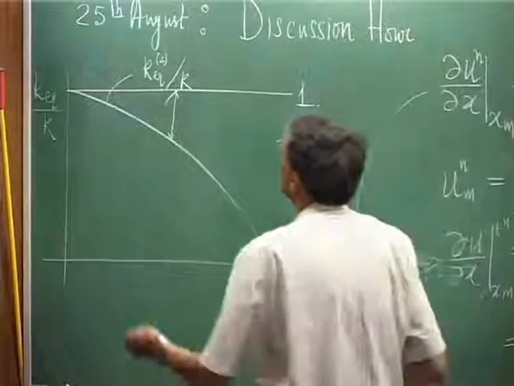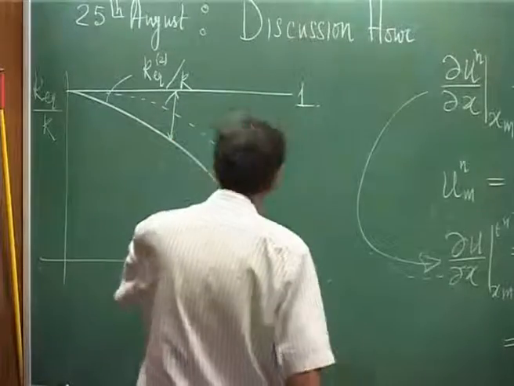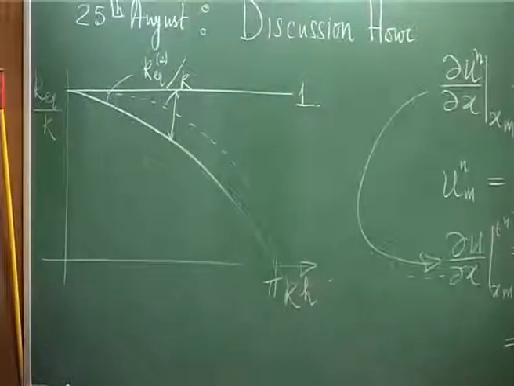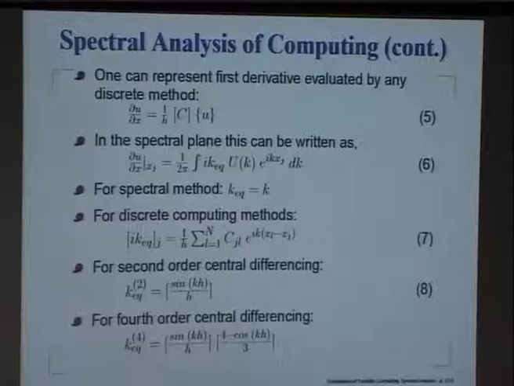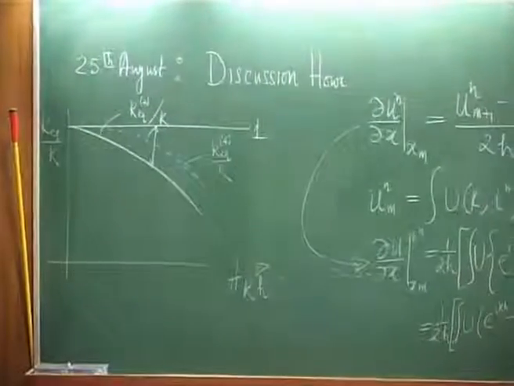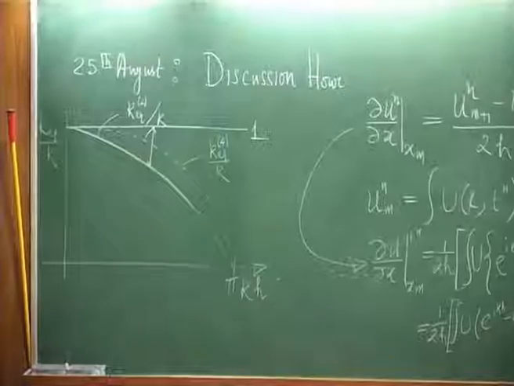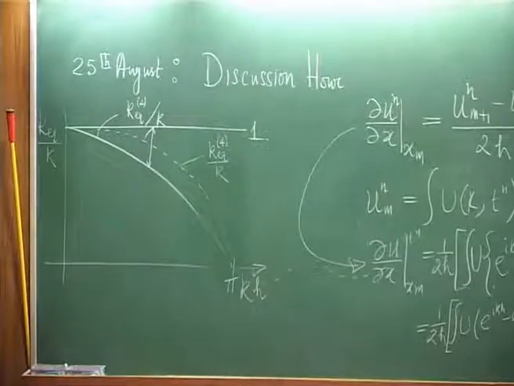If I plot it, again, you can see it will come to 0 at pi, at the Nyquist limit. So, what you find is that by increasing the order of representation, you are actually getting higher accuracy, right.